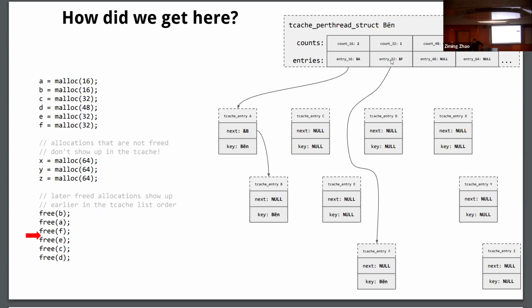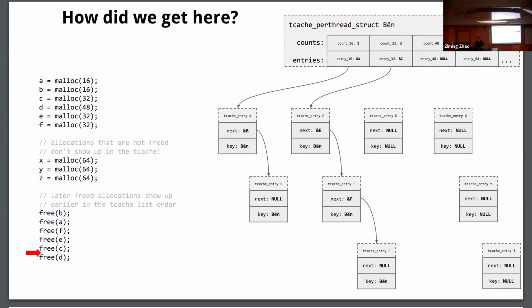This head will point to E, then E will point to F. Then we free C. The head will point to C, C points to E, E points to F.